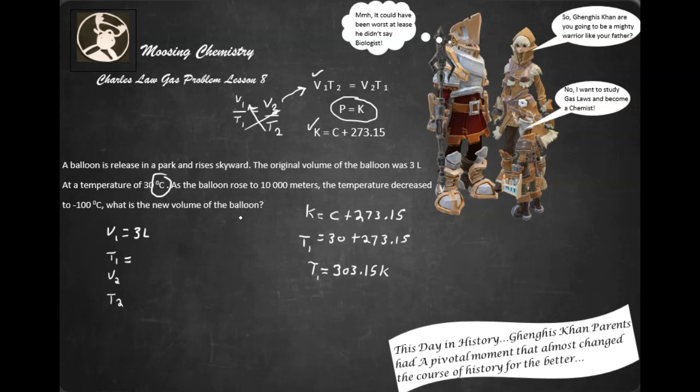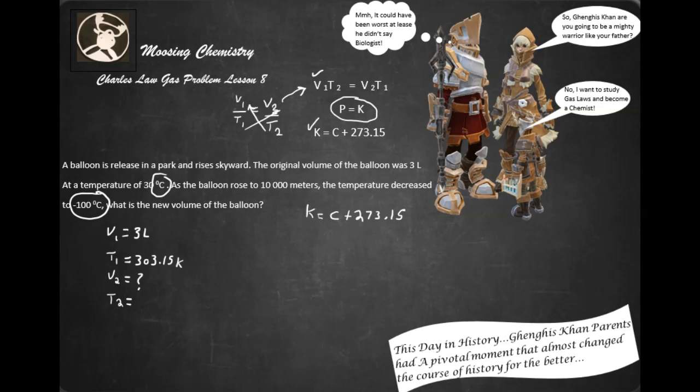So our temperature is now 303.15 K. So our second volume, that's our new volume, we don't know what it is. Our second temperature was negative 100 degrees Celsius, right? So we have to do another one of these conversions. So we use the same thing. Let me go ahead and get the eraser, and I'm going to erase this right here real quickly, since we already have that temperature involved.